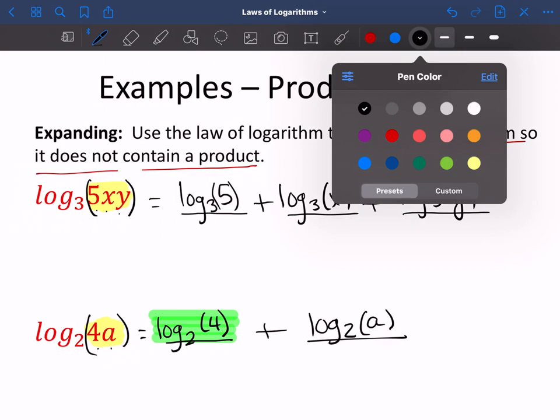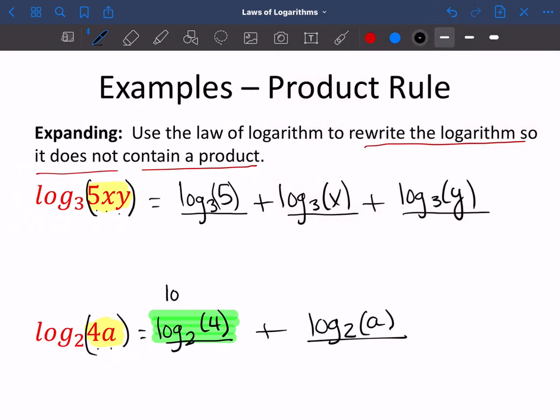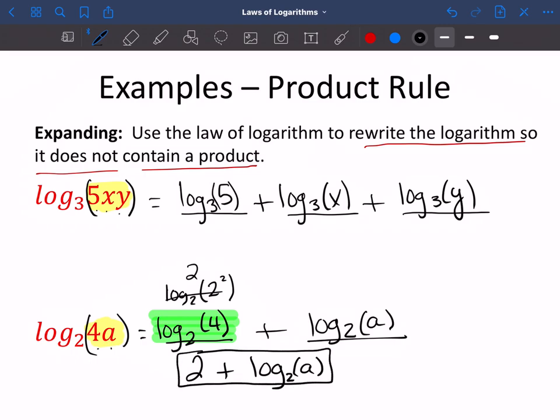So you can either recognize that this is going to be log base 2 of 2 squared, and if we see it like this, this is just going to reduce to the number 2. Or you're more than welcome to use your calculator to evaluate that. If you're not sure, you can just punch this into a calculator and see that this will end up being a whole number, an integer, where we can reduce. So that'll be our final answer.